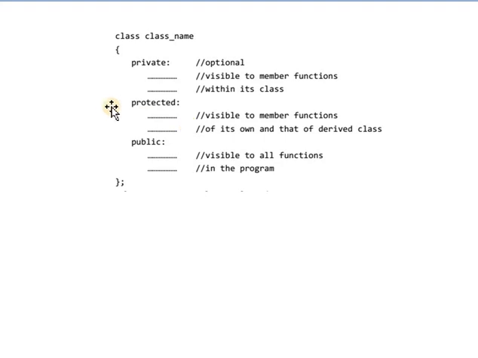That means protected members are accessed in the base class and its derived class. And next, public: the public properties are visible to all the functions in the program. These are the different visibility modes, public, private, and protected, available in C++.